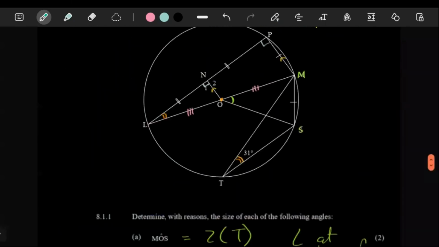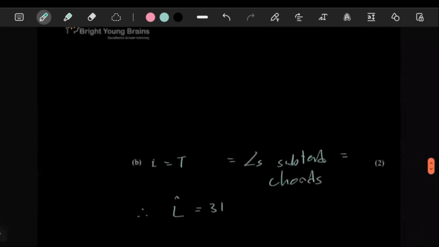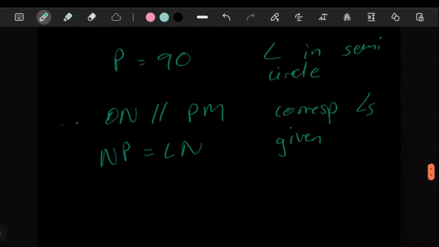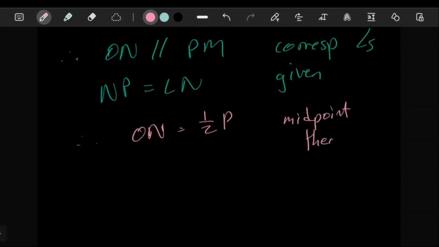Now, the good news is as long as all those things have been stated, these are equal, these are parallel, you can state that therefore ON is half of PM. And your reason will be midpoint theorem.